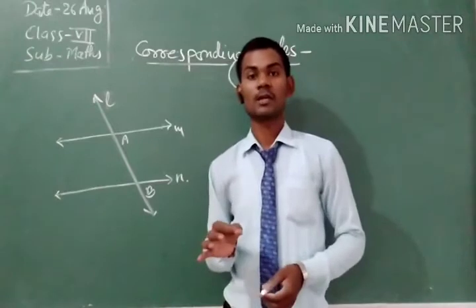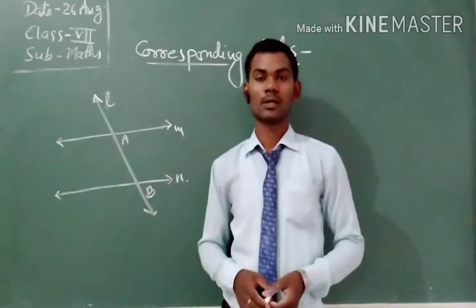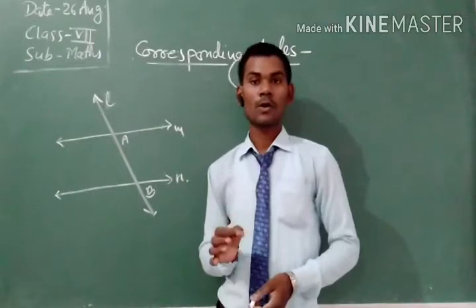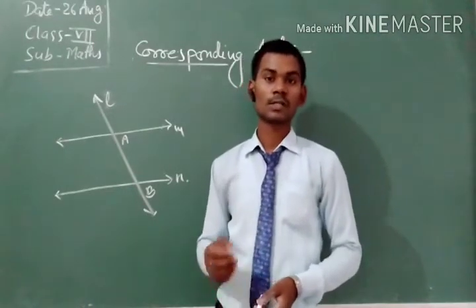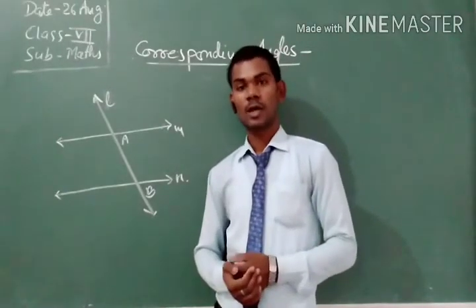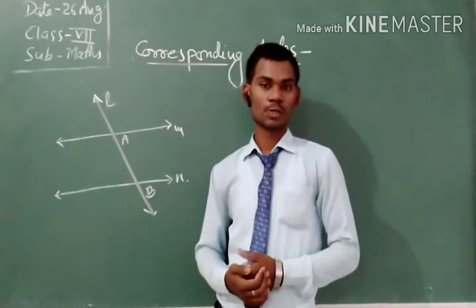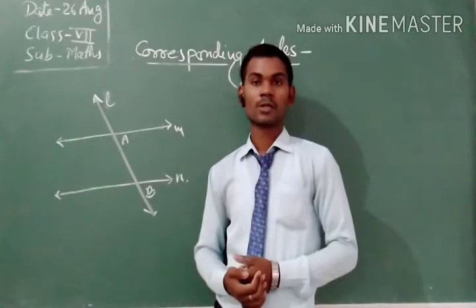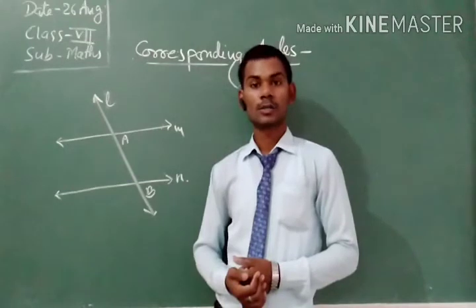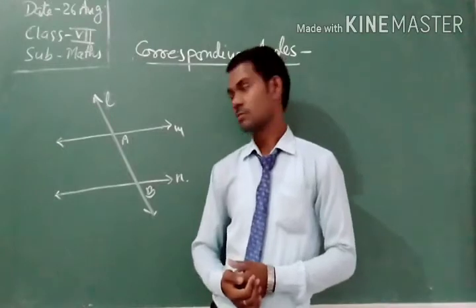We say that a pair of angles are said to be corresponding angles if one arm of each angle is on the same side of the transversal and the other arm of each angle is formed by the transversal, and the other arms point in opposite directions.